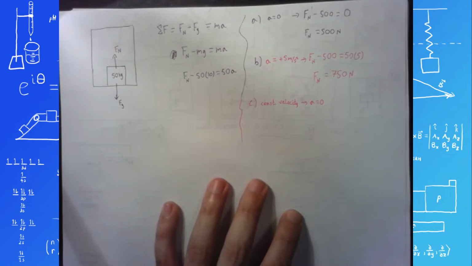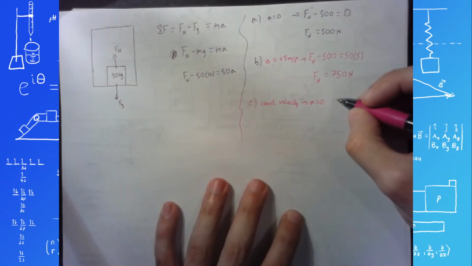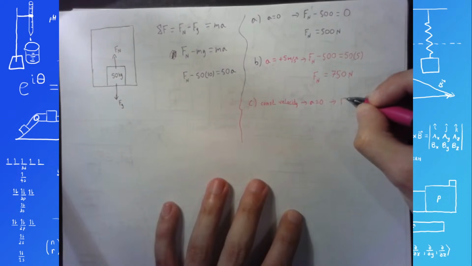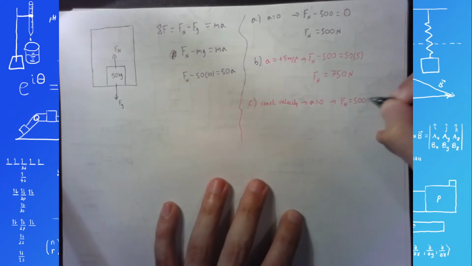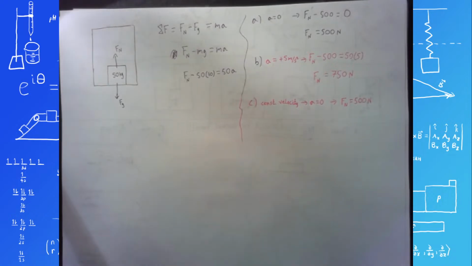And if the acceleration is 0, we're basically just going to get the same result as part A. We're going to get normal force equals 500 newtons. No need to redo the math that we did for part A. We can just copy the result. When the acceleration is 0, the normal force is just going to be equal to the gravitational force in magnitude.